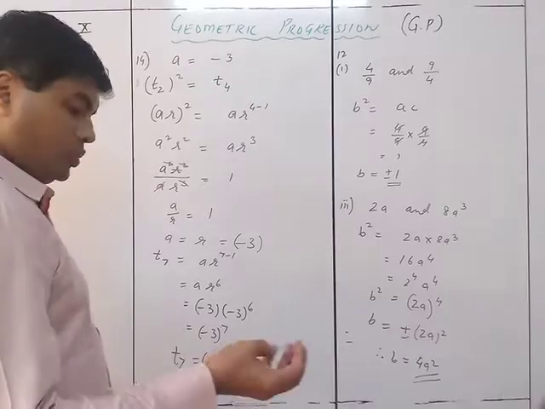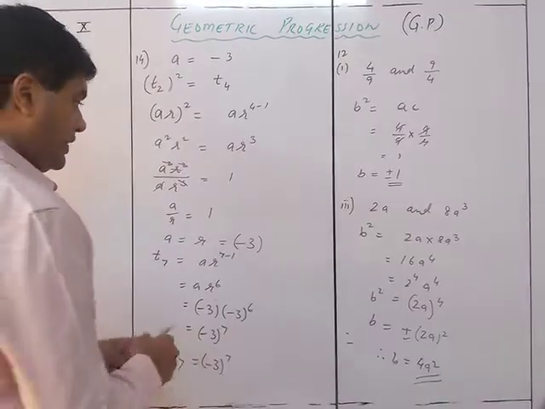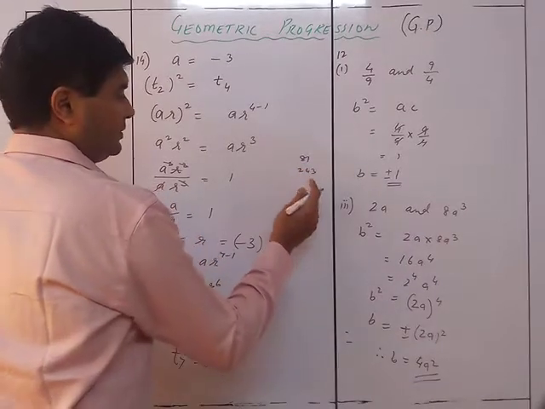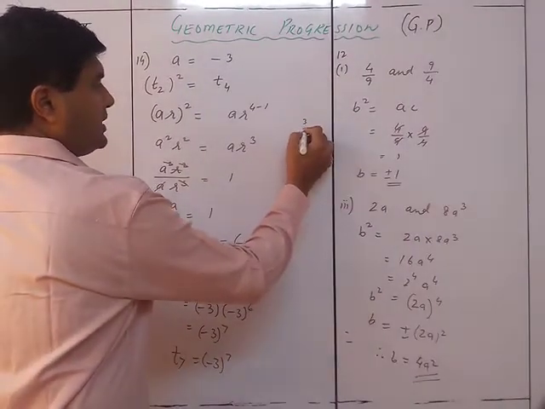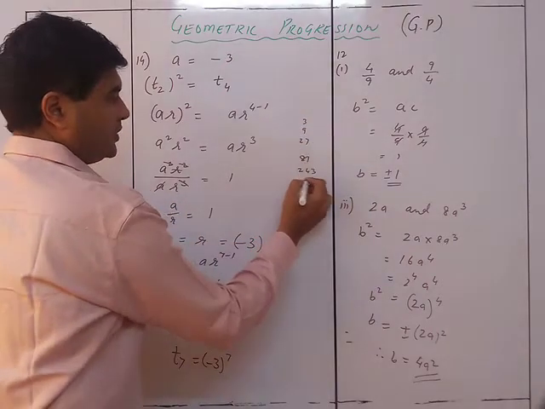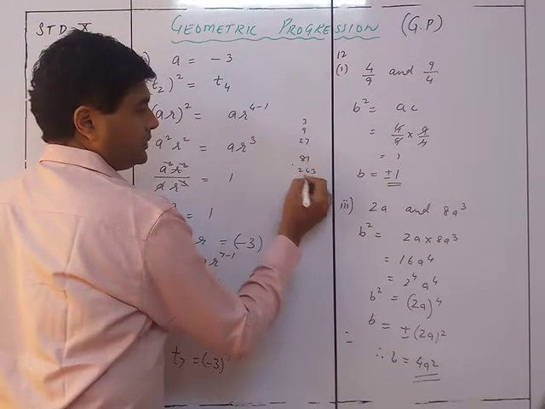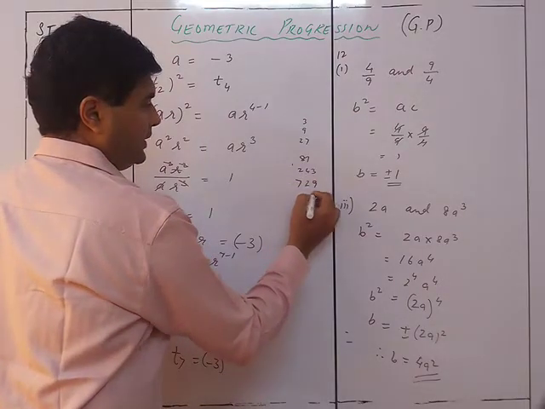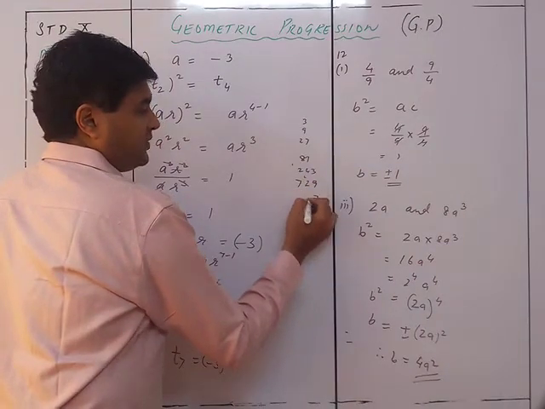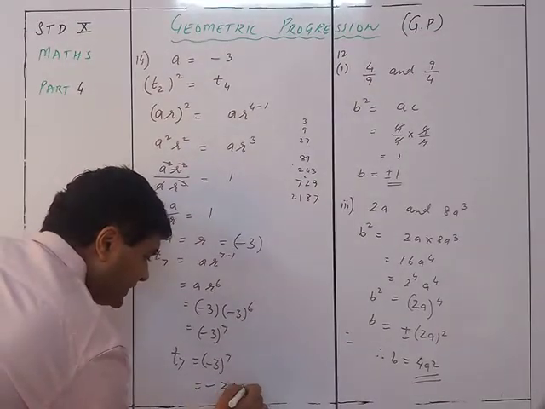That may be: 3 times 3 is 9, 9 times 3 is 27, 27 times 3 is 81, 81 times 3 will be 243, and so on up to 2187. So it is equal to minus 2187.